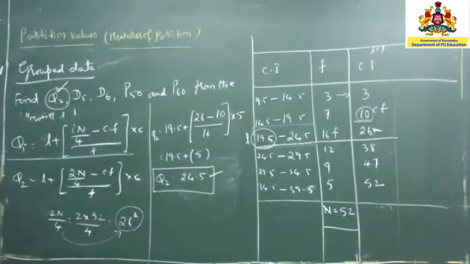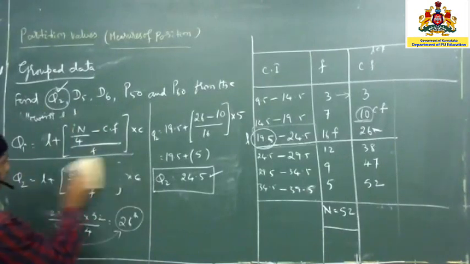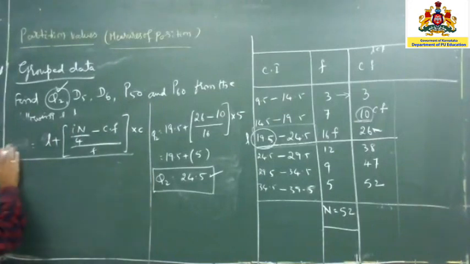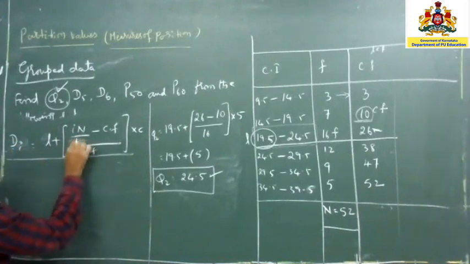Next, what is the question given? D6. So I am going to change this formula to a decile formula. In the general formula, instead of 4, I have to use 10, because a decile is nothing but 10 equal parts.